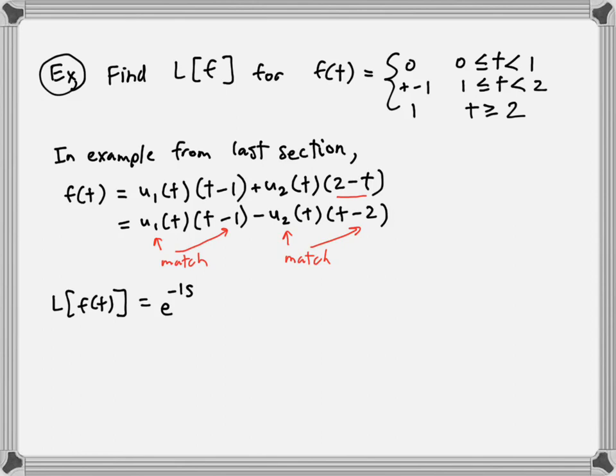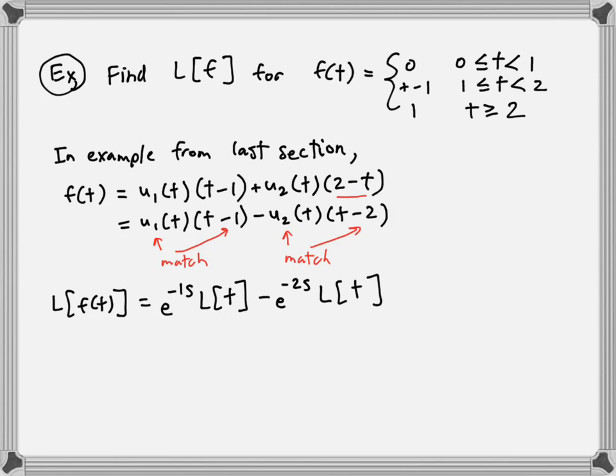And then that's going to get multiplied by the Laplace of t. Why t? Because again, this is the shift, right? We went from t minus 1 to t, right? And what about here? This is going to become minus e to the negative 2s. And then we're going to do the Laplace of t again.